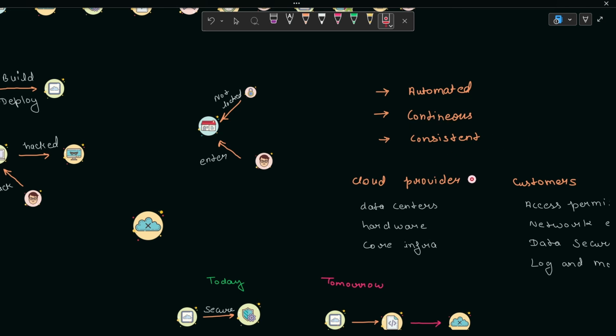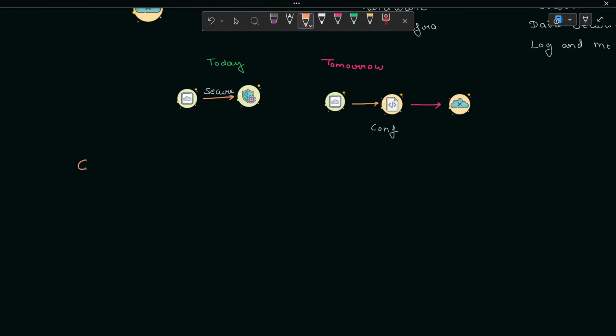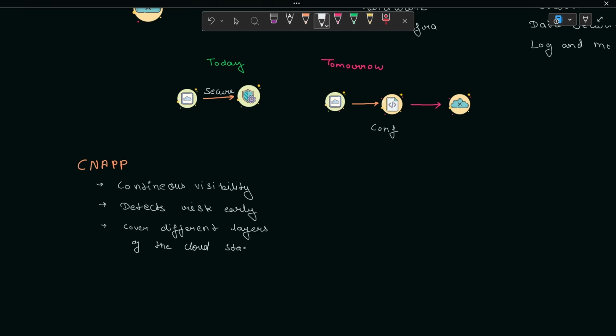To solve this at scale, the industry introduced a broader approach called CNAPP solutions. Cloud security is just part of cybersecurity, and to solve the problem of cloud security, CNAPP is an umbrella approach designed to secure cloud environments end to end. It means that CNAPP has lots of tools to solve every aspect of cloud security problems. Instead of using many disconnected tools, CNAPP aims to provide continuous visibility, detect risk early, and cover different layers of the cloud stack.